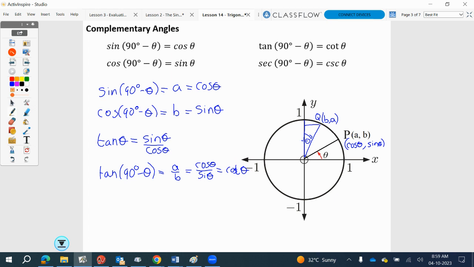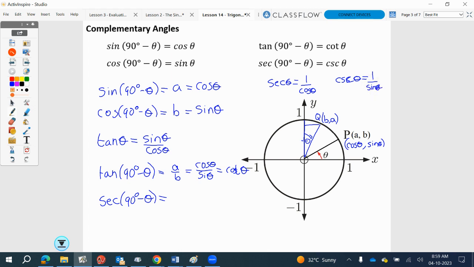Likewise for the secant, so let's do the secant of 90 minus theta. Secant of 90 minus theta can be found at point Q. Secant, if you remember, is secant of theta equals 1 over the cosine, and the cosecant of theta equals 1 over the sine.